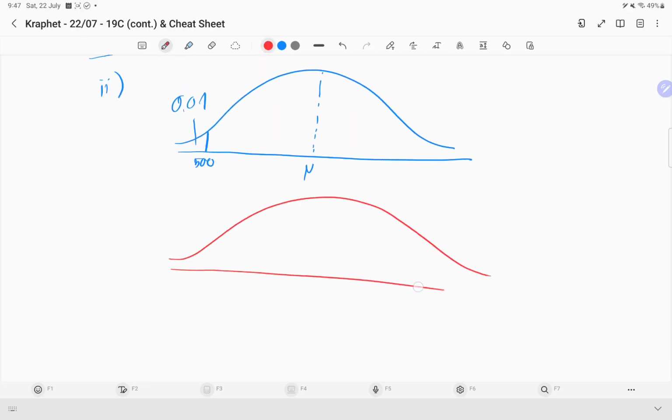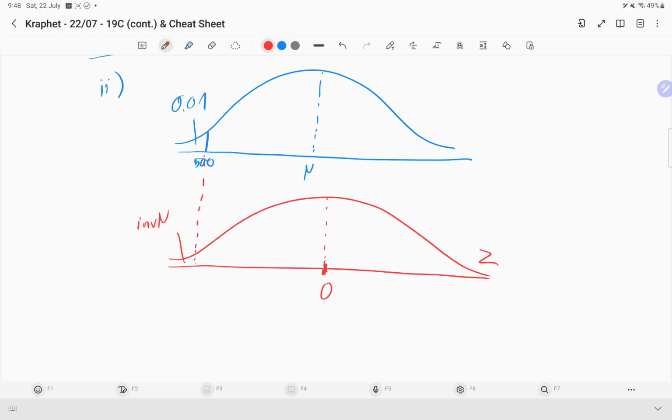When you have any unknown, like the mean or standard deviation for the normal distribution, anytime you have an unknown, you can always map it to the Z distribution. And then the Z value of 500 is the inverse normal of the Z distribution.